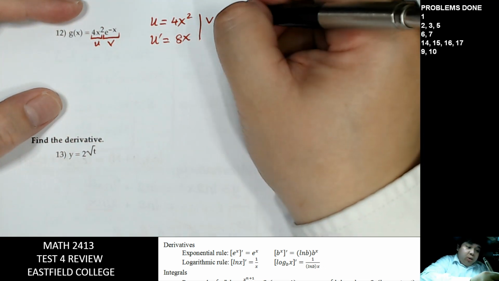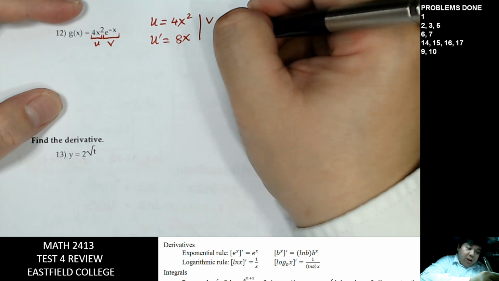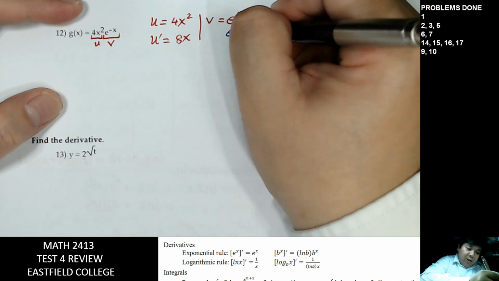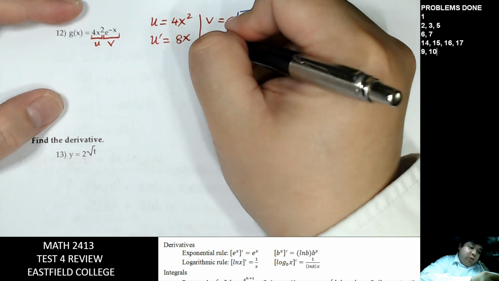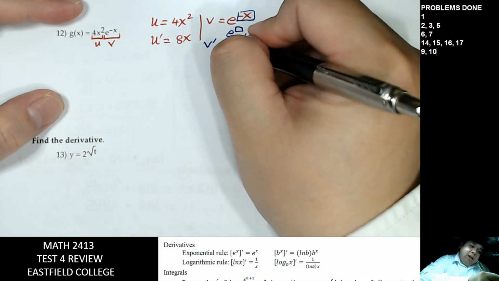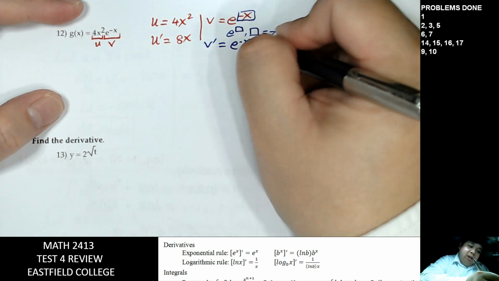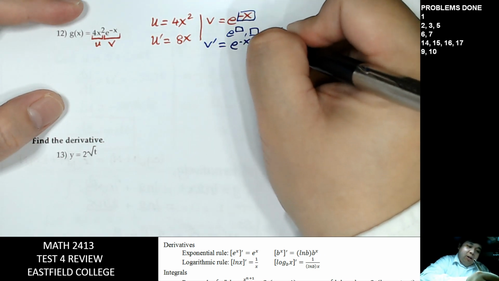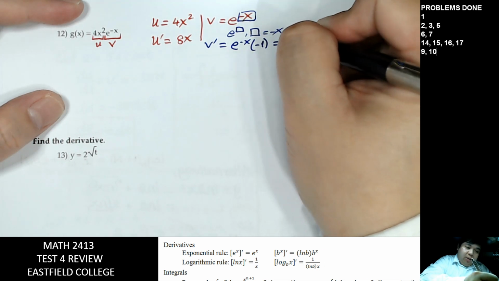Right. Here we can use the chain rule if we like. So v prime is e to the negative x times negative 1, which equals negative e to the negative x.